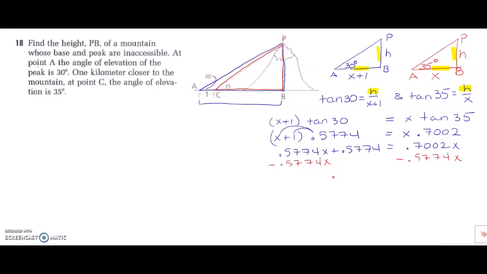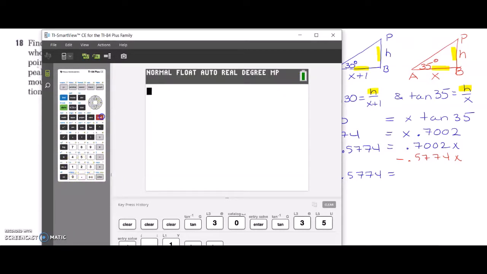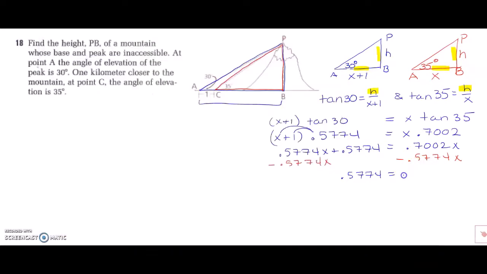And now my equation reads 0.5774 is equal to 0.7002 minus 0.5774, which is 0.1228 times x. And now I need to divide by the coefficient of x.